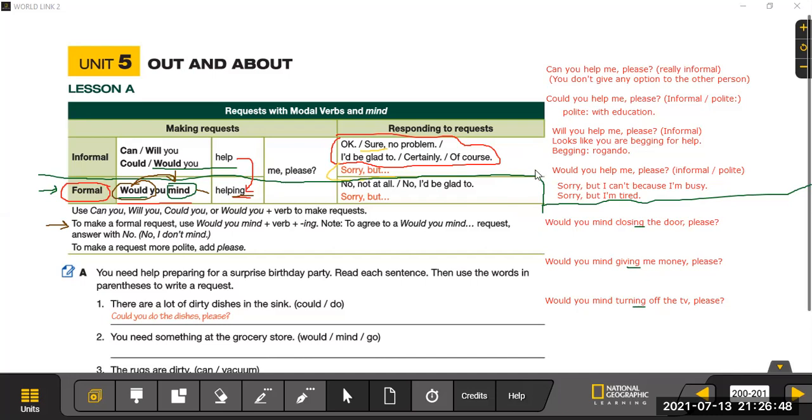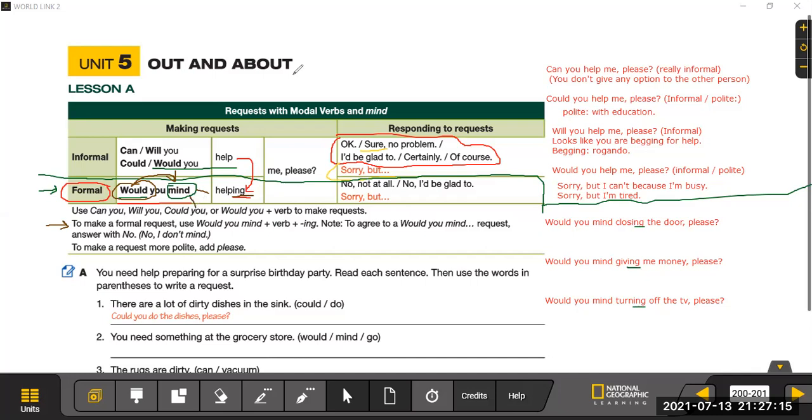That is the only difference. The first are informal, and would you mind is formal. Then when I want to use ing with a modal verb, I have to use mind. Exactly. Thank you.